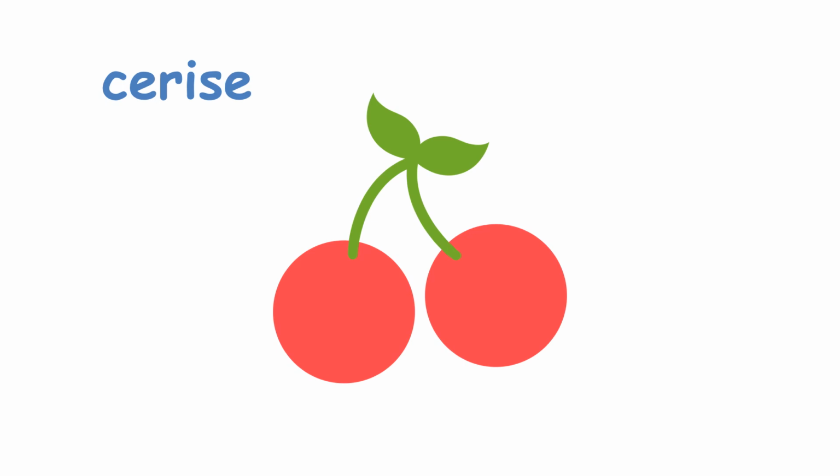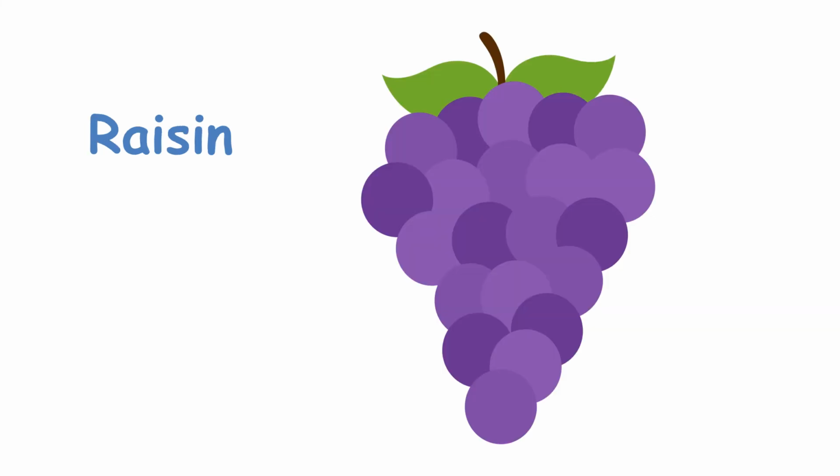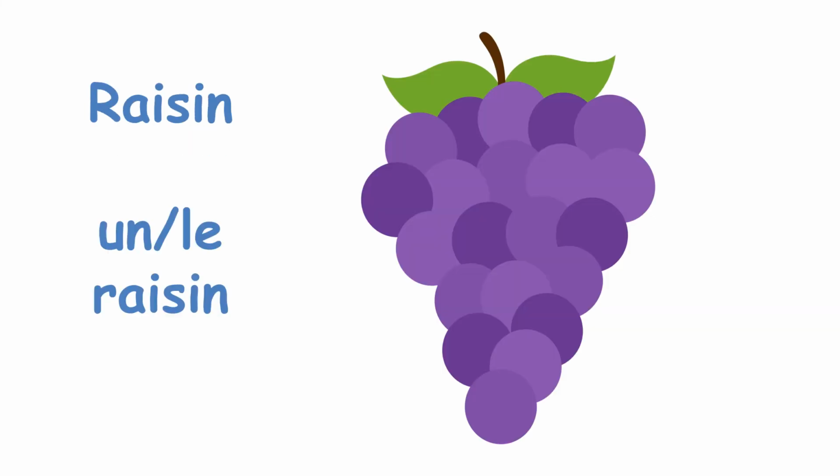Cerise, masculin ou féminin? Féminin, une cerise, la cerise. On fait plural, pluriel, des cerises. Bravo. Raisin, grapes. Masculin, un raisin, le raisin. Some grapes, du raisin. Super.